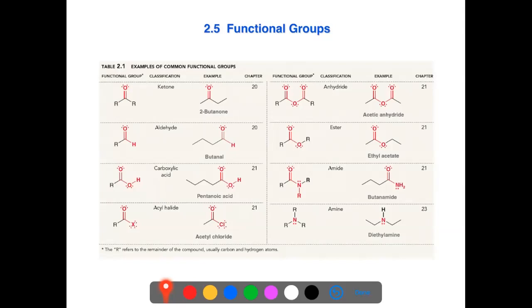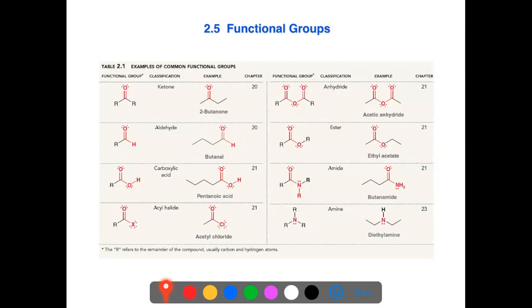So if we have two alkyl or hydrocarbon groups attached to the carbon of the carbonyl, we refer to these as ketones. If one of those groups is carbon-based, but the other is a single hydrogen, this is the aldehyde family. You can see a four-membered system here, the butanal.